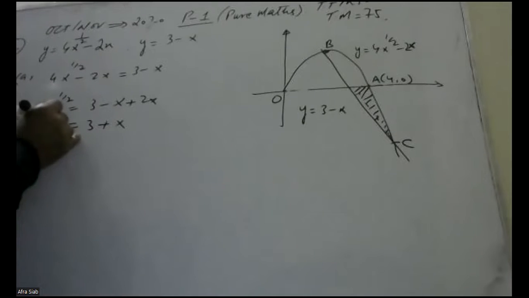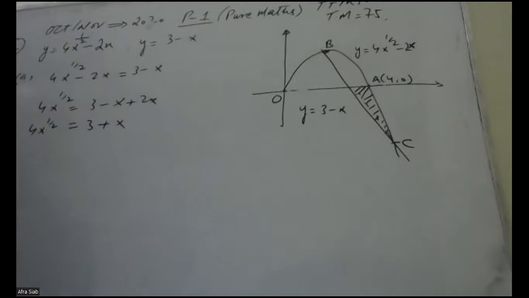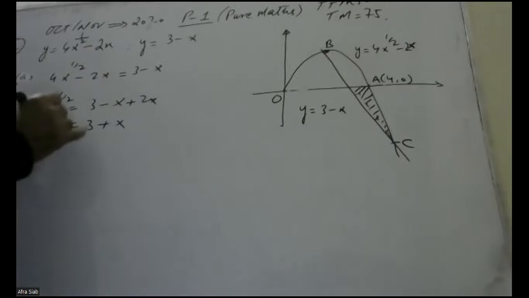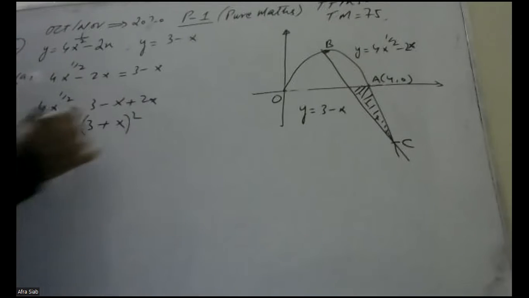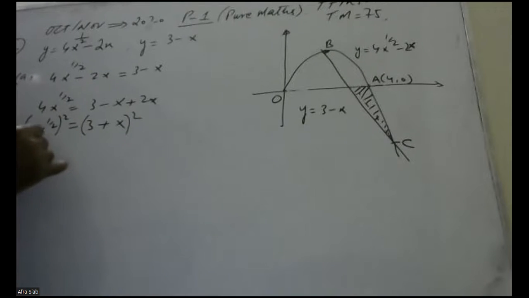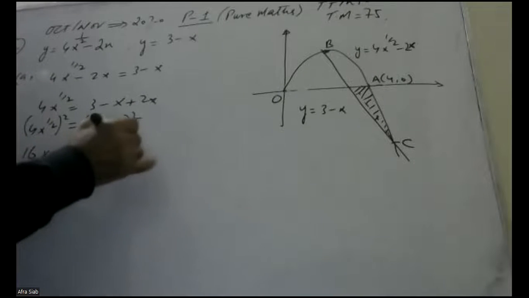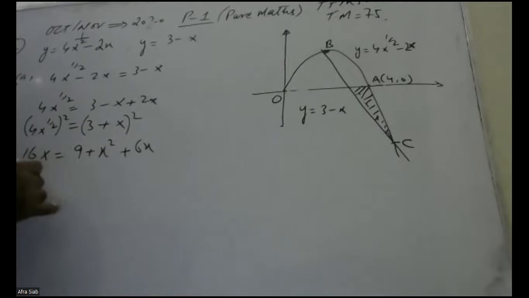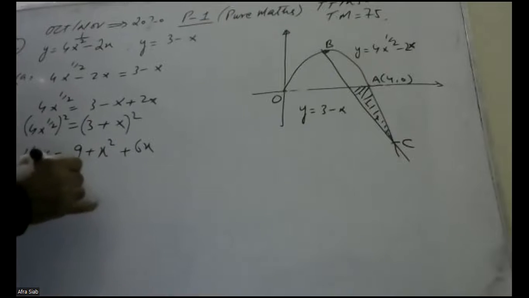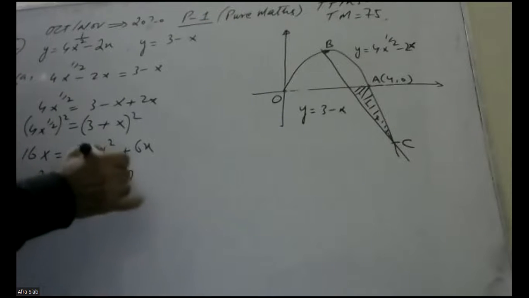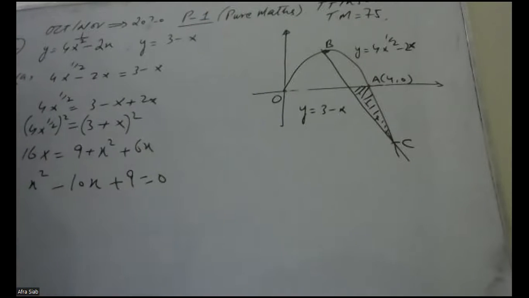Now we can square both sides. So that becomes 16x equal to 9 plus x squared plus 6x, or x squared minus 10x plus 9 equals 0.